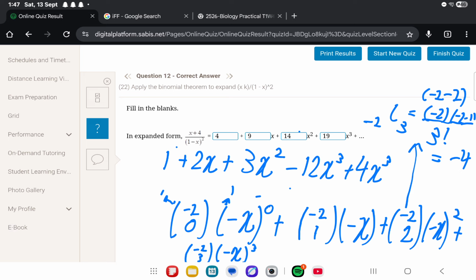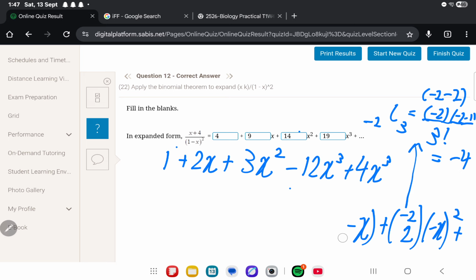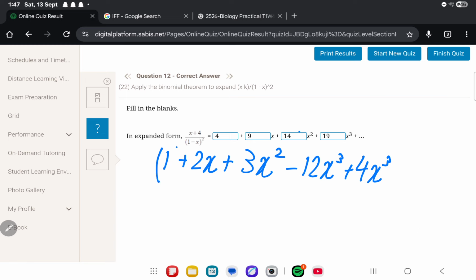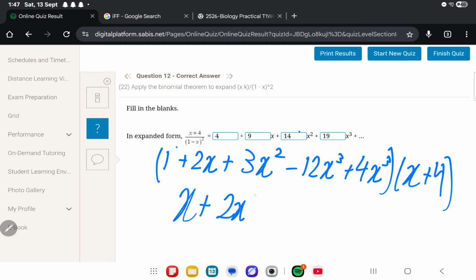That's done now. However, we're not done with the whole thing, because we still have to expand the very nice 1 plus, or sorry, x plus 4. So all of this with x plus 4. Okay, so x plus 2x squared plus 3x cubed minus 12x to the power of 4 plus 4x to the power of 5.